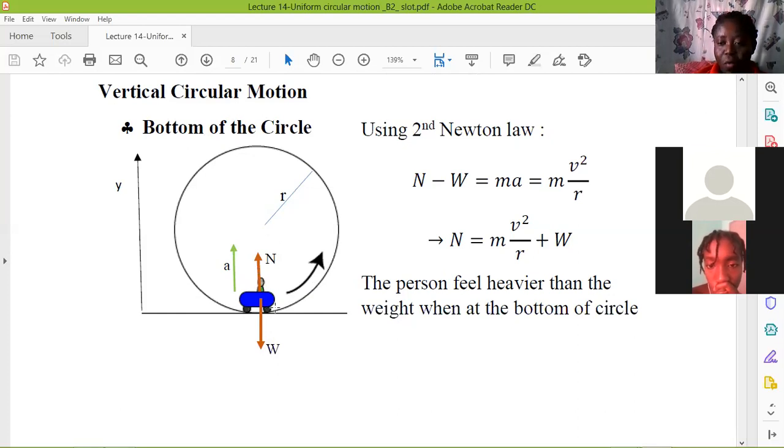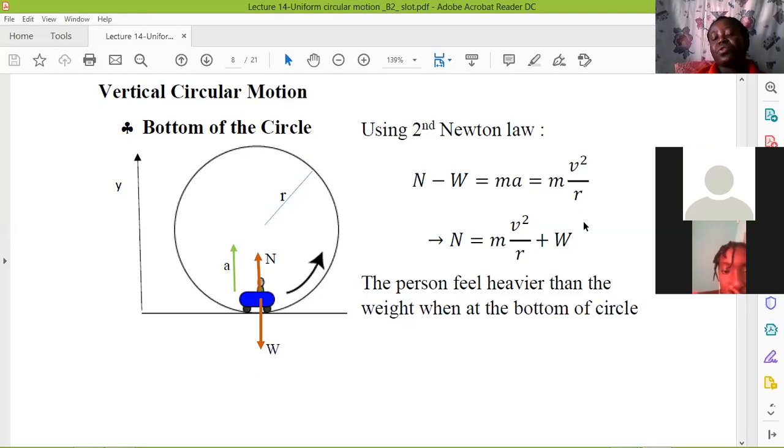You have a weight, because every object is associated with a weight, and the acceleration is always towards the center of your circle. So we have an acceleration pointing upwards in that direction.